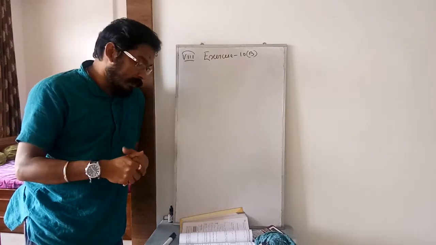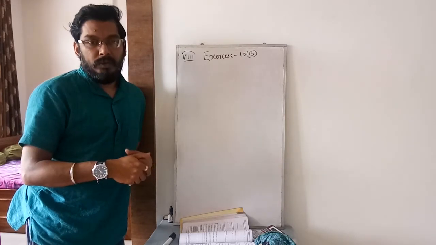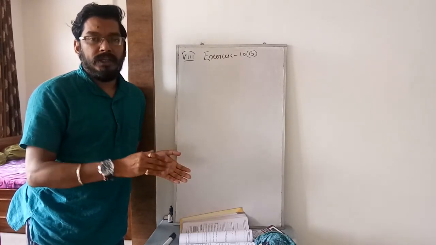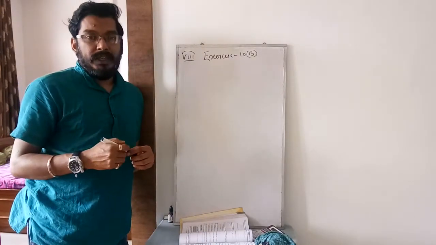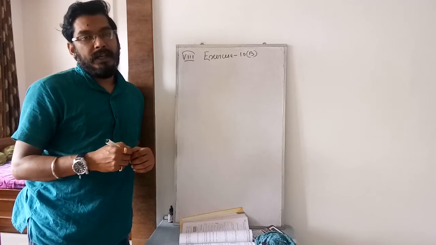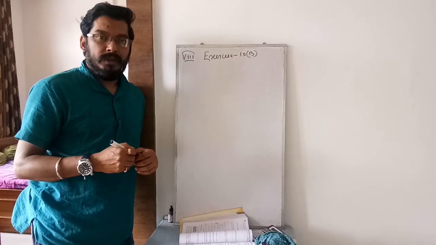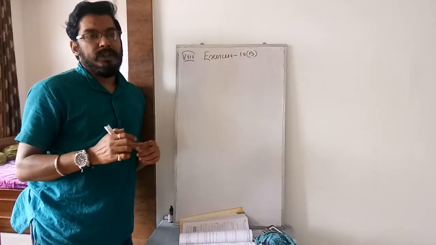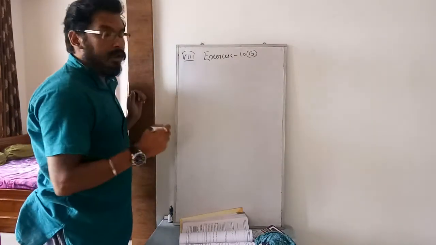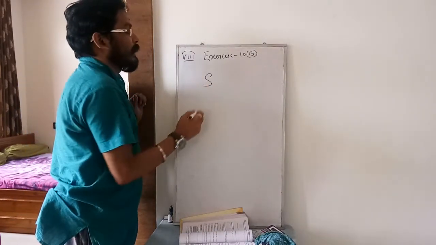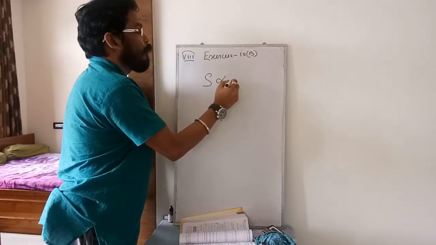So in inverse variation, an increase in one quantity will decrease the other, or a decrease in one quantity will increase the other. Taking the example of speed and time, we can say that speed and time are inversely proportional to each other. That means the relation between speed and time is inverse. If I denote speed as s and time as t, speed is inversely proportional to time.